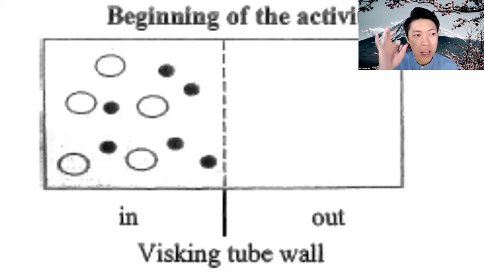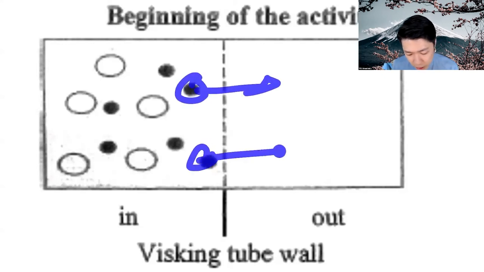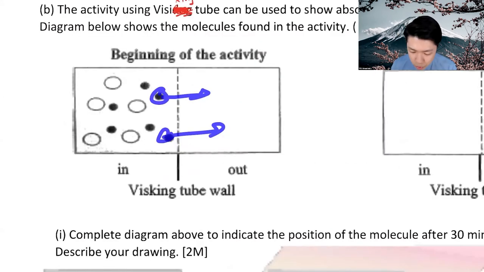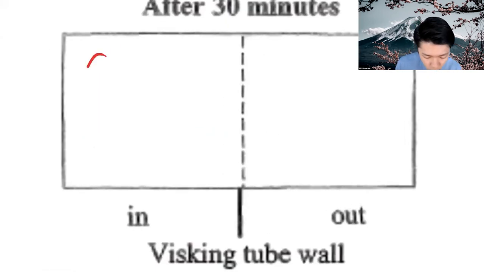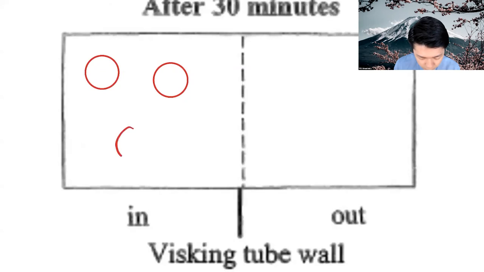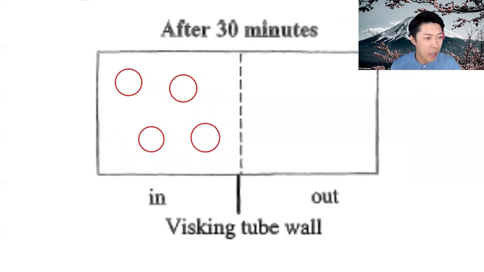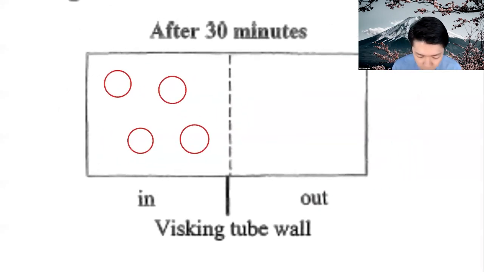The black one and the white one, you can obviously see the difference in their size. Only the black one can go over. So the result, you already know that the big one will stay, and the small one will be on the other side.